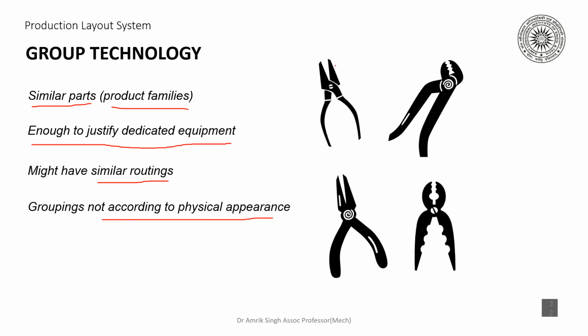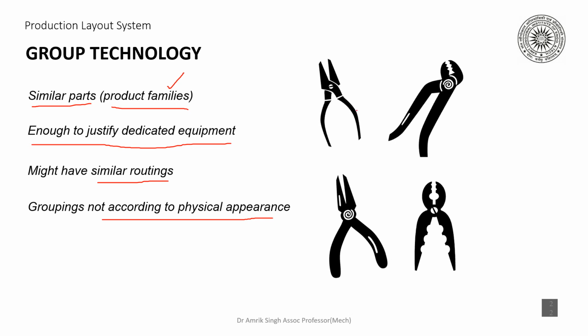Now you see these are four different types of pliers I have grouped. We can make a product family because they are all gripping devices, so we can say they belong to the same product family.